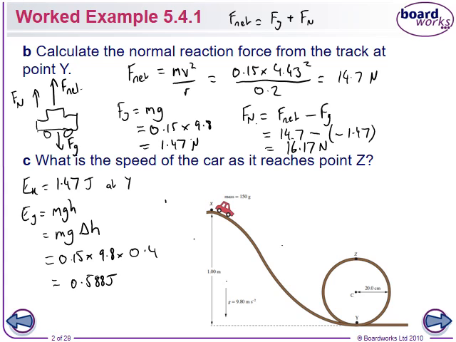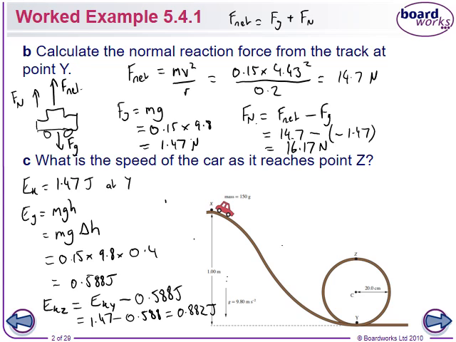So our kinetic energy at Z, I'm going to call this EKZ, is going to be equal to our kinetic energy at point Y minus the energy we've lost to get up to point Z. So we've lost 0.588 joules to get from point Y to point Z. So our kinetic energy at Z is going to be 1.47 minus that 0.588 joules, which is going to be equal to 0.882 joules.